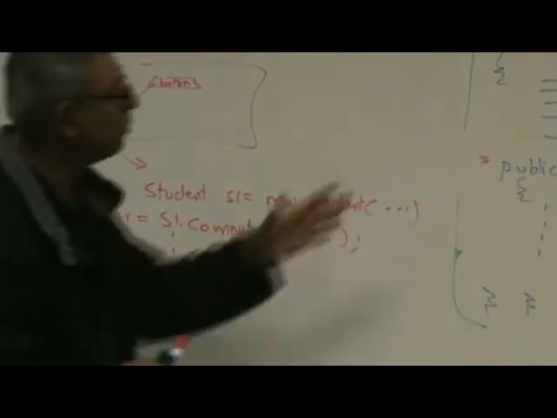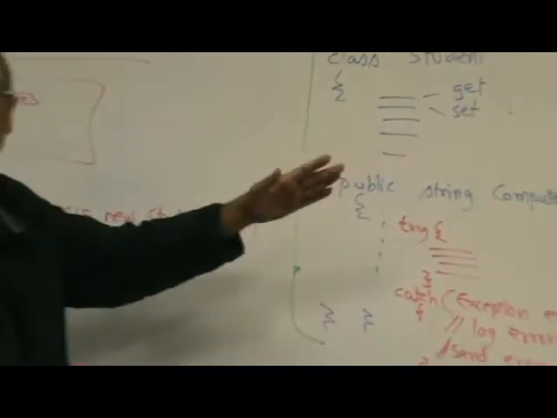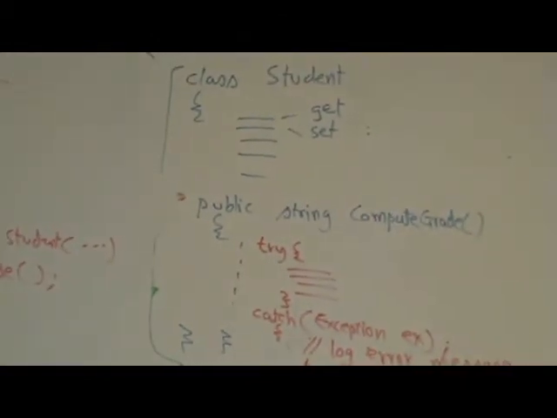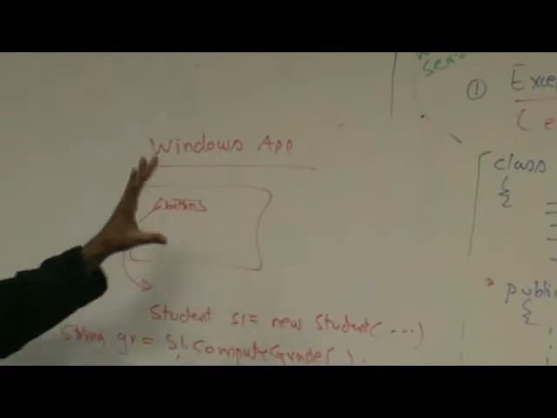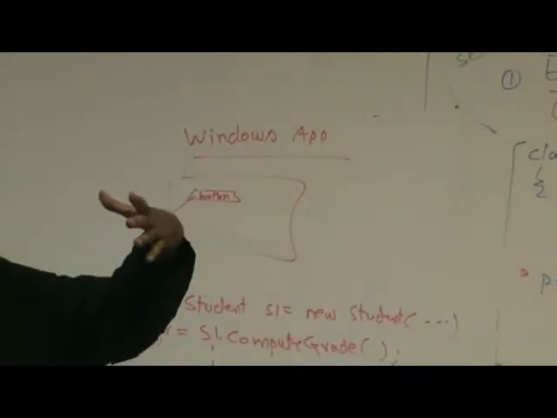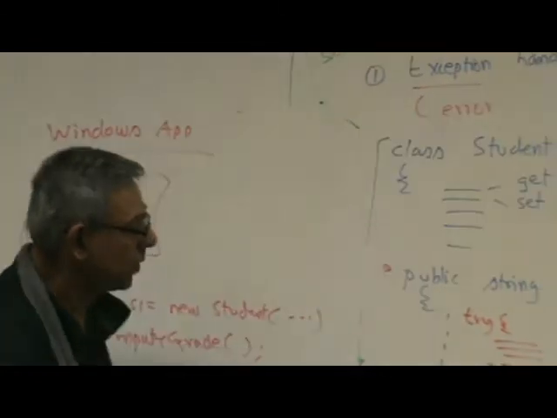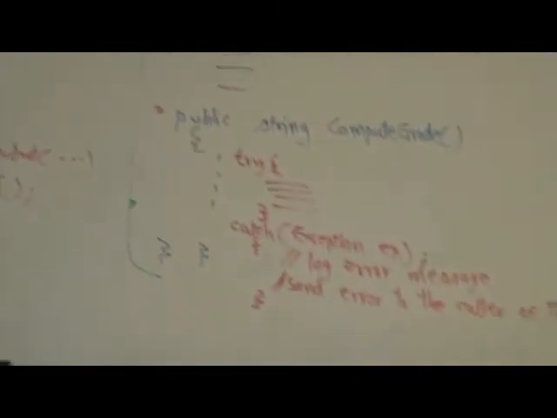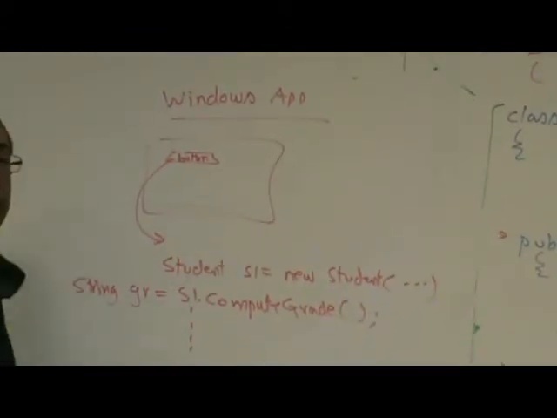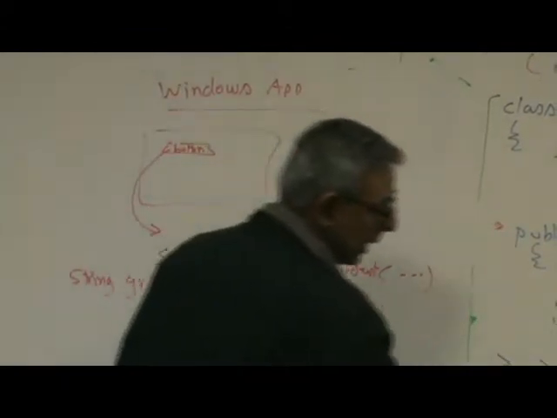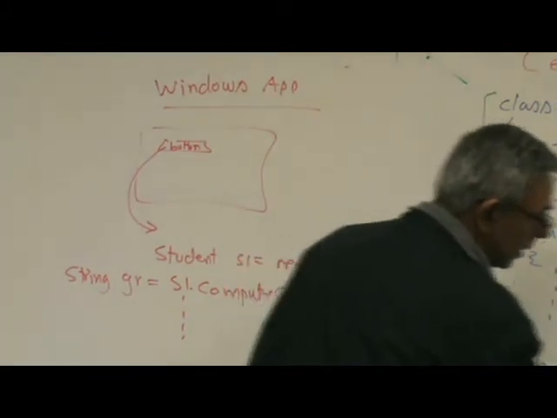Remember, whatever class we have ultimately will be called from somewhere where a user interface is involved. So this one triggers this. Now let's send the error back over here, and because it's part of the user interface, it can display it. So how do we send the error back to the caller?